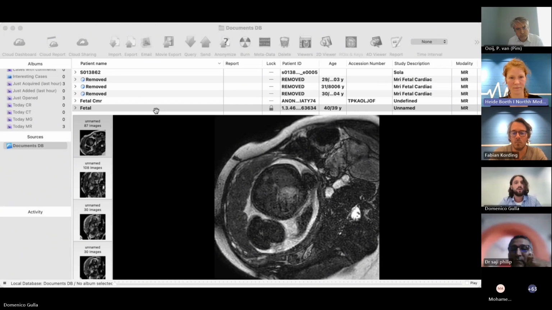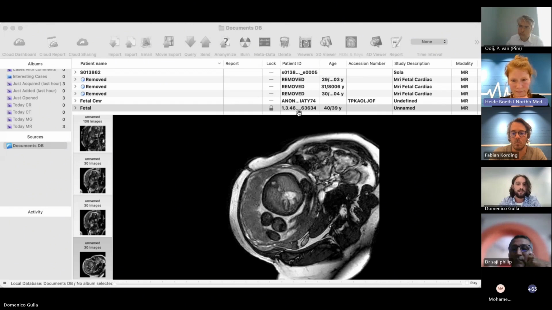In this case, don't worry, we just repeat the same sequences, and then we can see the 4-chamber view, but also we can understand that maybe there is something to change in the parameters.